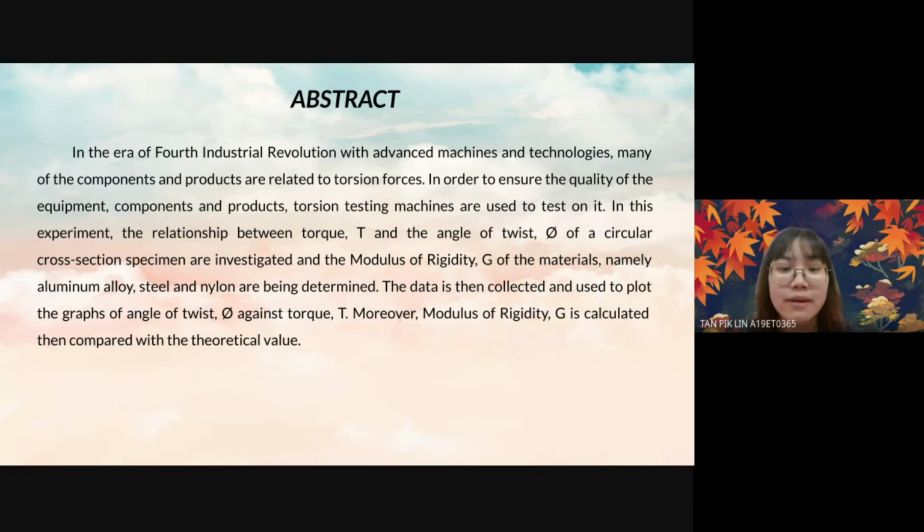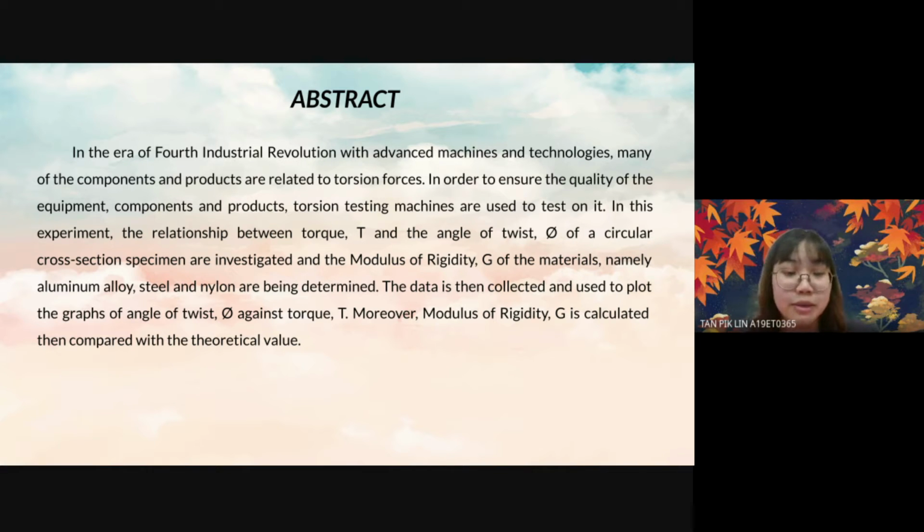So abstract. In the era of the fourth industrial revolution, or maybe we call it IR 4.0, it is actually full of advanced machines and technology. So many of the components and products are actually related to torsion force. In order to ensure the quality of the equipment, components, and products, the torsion testing machine is actually used to test all these.